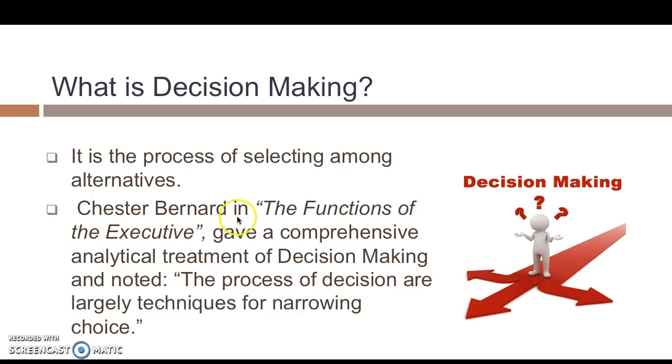According to Chester Barnard, in The Functions of the Executive, he gave a comprehensive and analytical treatment of decision making and noted the processes of decision are largely techniques for narrowing the choice. As we can see in this picture, a person is facing a situation of decision making as he has a number of available alternatives.